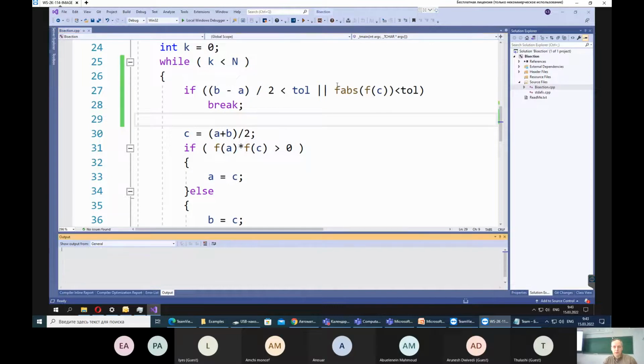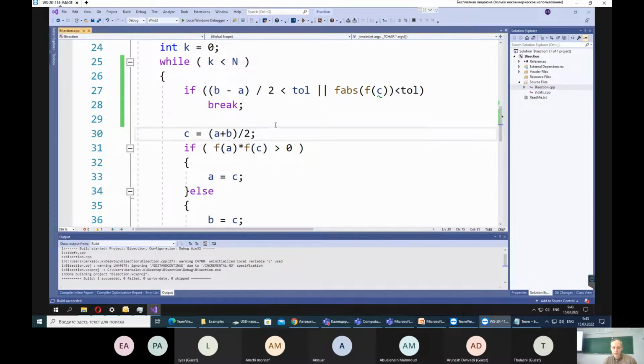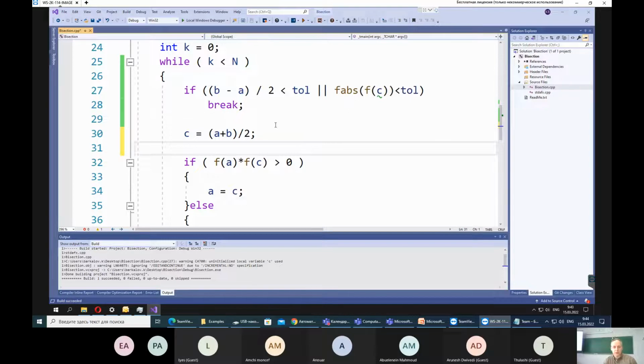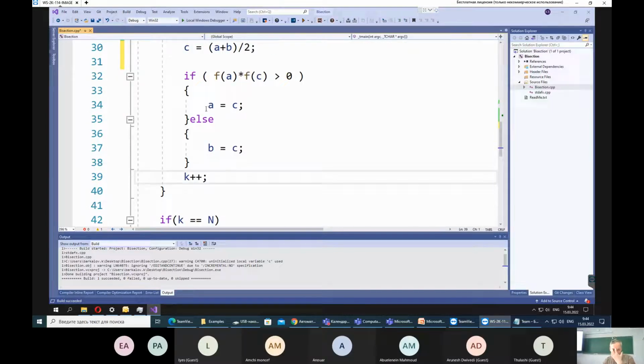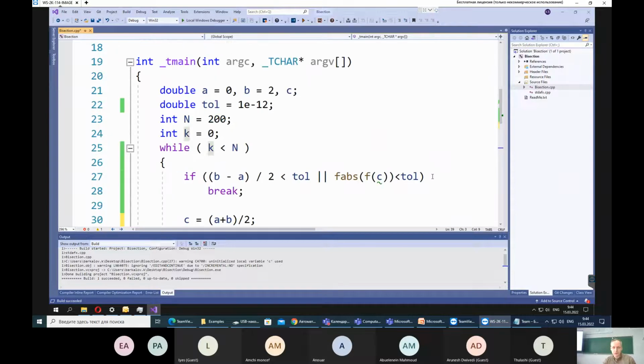Well, in this case, the method should stop. Otherwise, we compute the middle point c. After that, we check the sign and change these points and increase the counter. So the second condition here I can omit. I can use only a condition on the length of the interval.